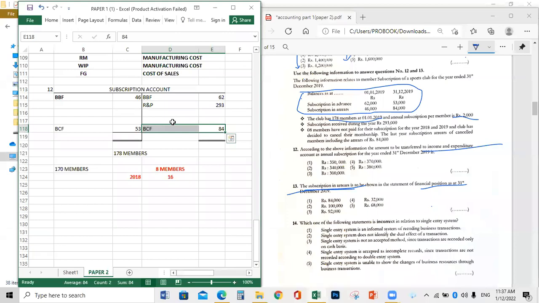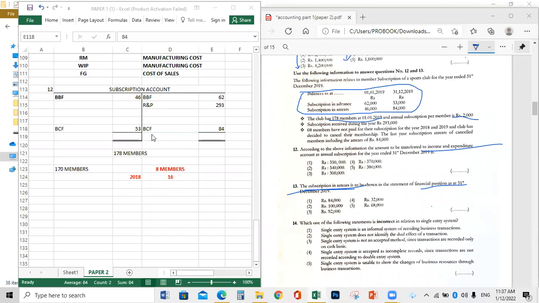After you have cancelled them, can you still keep it? They are telling you have already cancelled those members. After you cancel those members, you cannot keep their subscription anymore. So that is going to be a write-off. You have to write it off because they are no more your members.